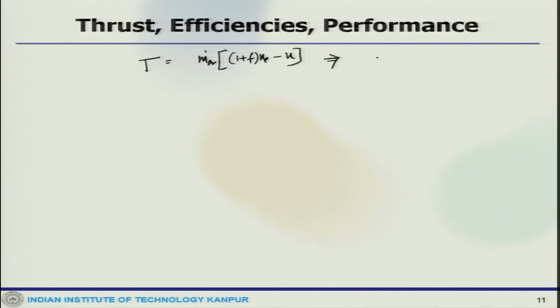So, this immediately says the thrust is proportional to m dot A (u e minus u). Thrust always increases when either m dot A or u e increases.